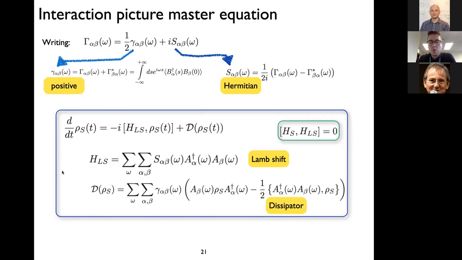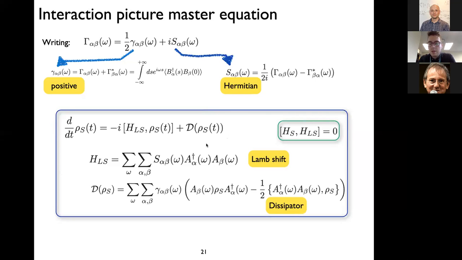So if you recall from previous lectures, when I introduced the dynamical map and then introduced the exponential form of the dynamical map, we constructed the most general form of the generator of this map, and we showed that it was of this form.